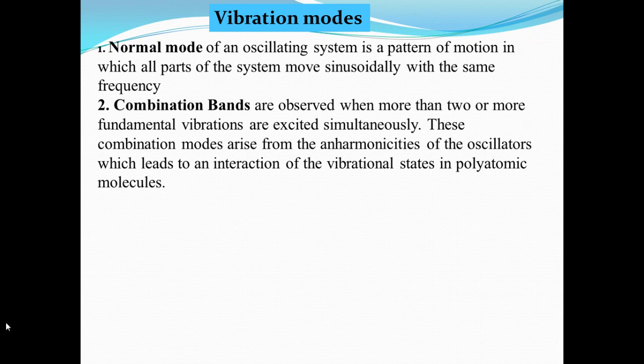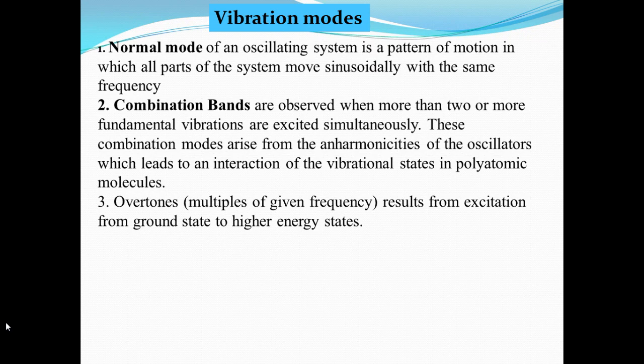Now, vibration modes. A normal mode of an oscillating system is a pattern of motion in which all parts of the system move sinusoidally with the same frequency. Combination bands are observed when two or more fundamental vibrations are excited simultaneously.